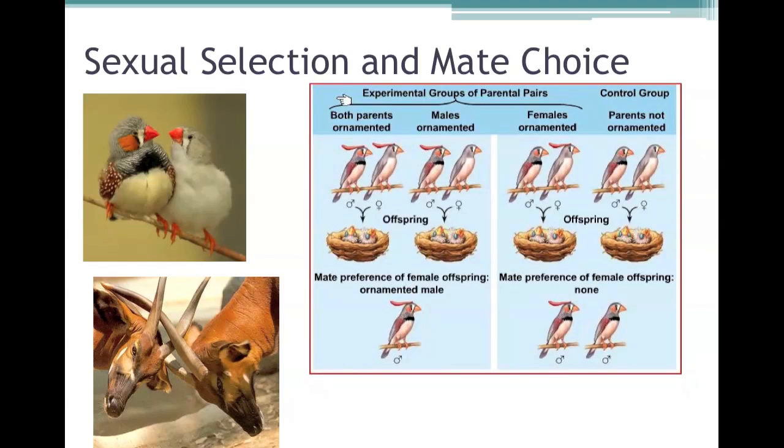And this is where you get behaviors such as agonistic behaviors. An example of this could be the antelope in the picture in the bottom left-hand corner. They're in a contest, butting horns, and the idea is that the winner of this contest will perhaps be able to mate with the female.